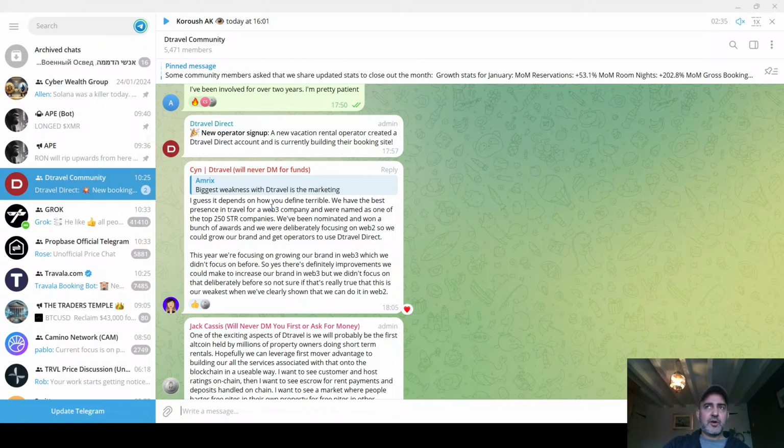And let me tell you what I'm seeing. I'm seeing Dtravel developing a product in the bear market for 2 years, knowing full well that the bull market is coming, knowing full well that Bitcoin is going to have a halving, knowing full well that the crypto markets are going to expand in value, and no preparation made to capitalize on this once every 4-year event.